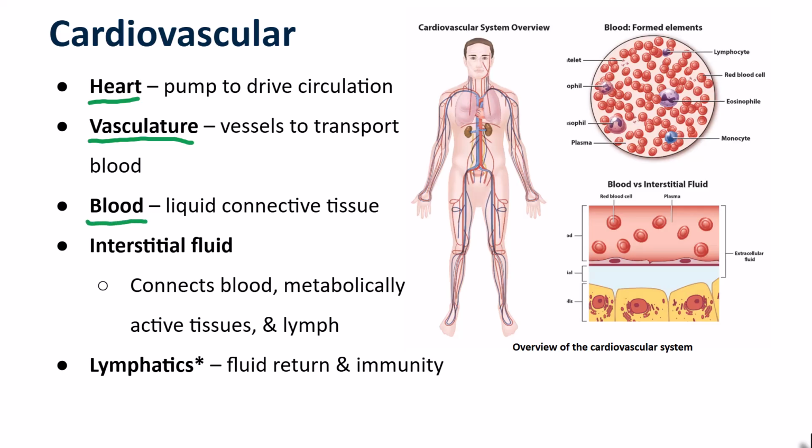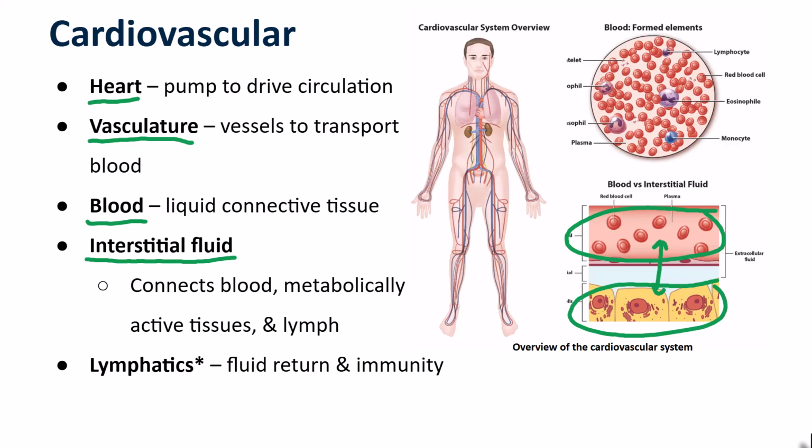Blood is a very interesting tissue. It is one of the few liquid connective tissues, lymph being the other. Blood is in a constant state of exchange with interstitial fluid. So if we look over here, we can see that the contents of the blood, so there are formed elements and plasma, can be exchanged with the interstitial fluid that surrounds metabolically active cells.